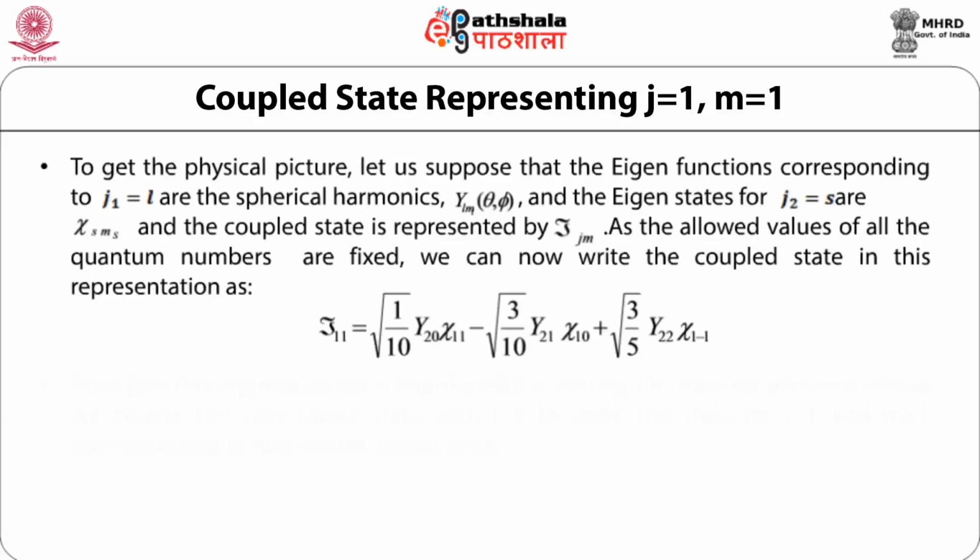Now to get the physical picture of the example that we just discussed above, let us suppose that the eigenfunctions corresponding to J1 equal to L are the spherical harmonics given by Y_L,ML as a function of theta and phi, and the eigenstates for J2 equal to S are xi_S,ms, and the coupled state is represented by tau_JM.